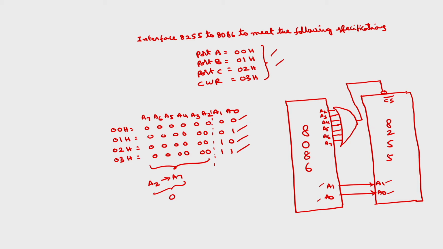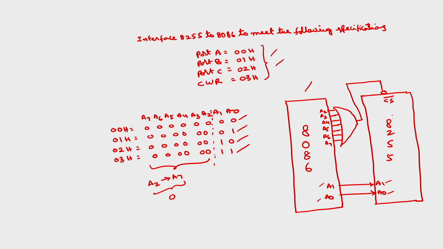Now assuming these connections, how to connect an LED? First of all, what is the need of this? If I want to connect an LED here, why don't you connect the LED directly to 8086, or an input device such as keyboard or 7 segment display? Why don't you connect these devices directly to the 8086 without using 8255?